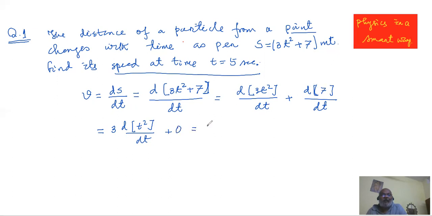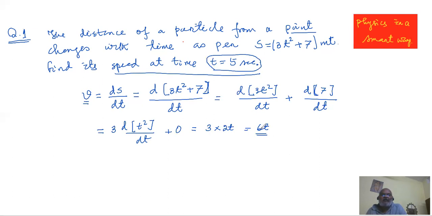So that is equal to 3 times the derivative of t square. We have the formula, I have provided you the formula, that will give us 2t. Okay, so that is 6t. But our job is to find out the speed at t equal to 5 seconds. Ultimately, our derivation gives us the speed equal to 6t. That says, as the time changes, speed also will be changing.